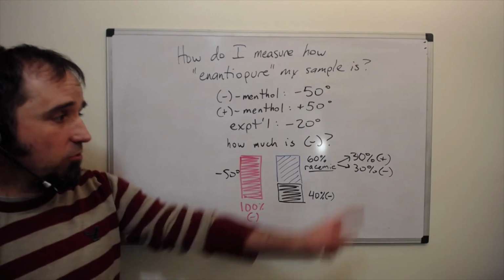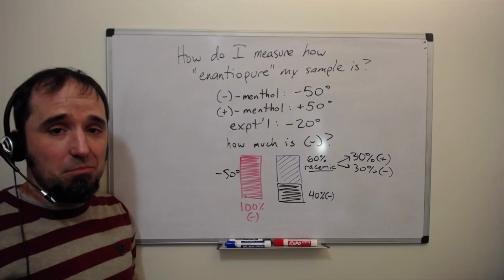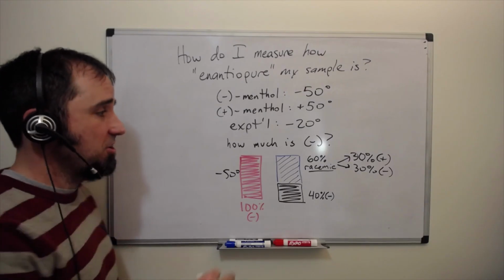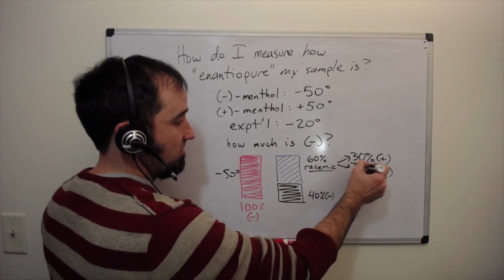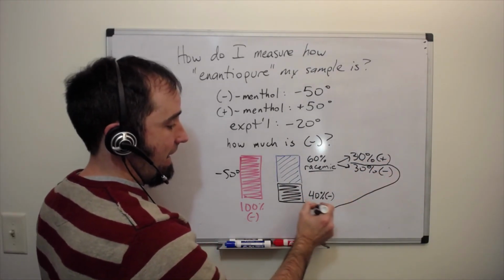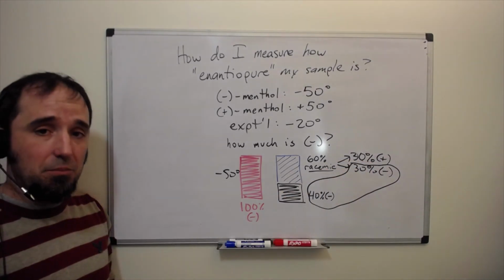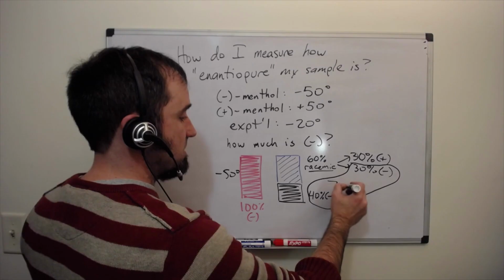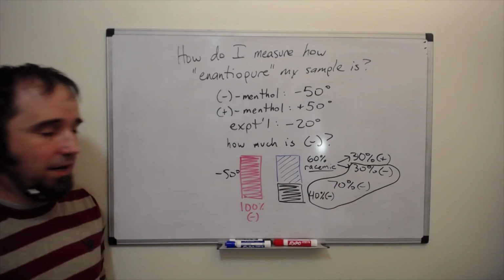It's just that every plus molecule is counteracted, I guess, by a minus molecule. And so if I'm looking at how much is all minus, I have to take this minus from the racemic and add it to the excess minus that gives the sample its optical rotation. So overall, this is 30% plus and 70% minus.